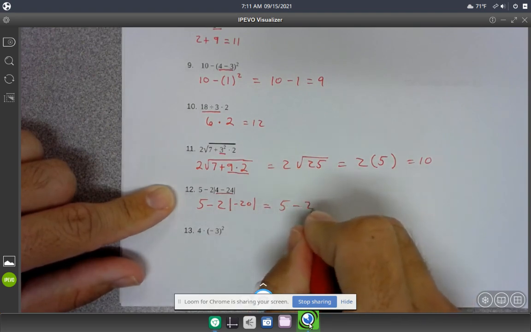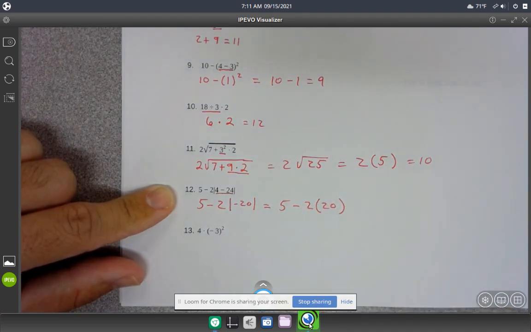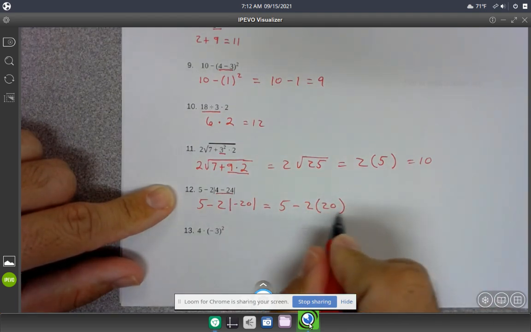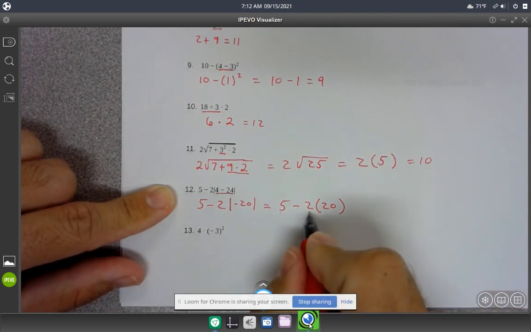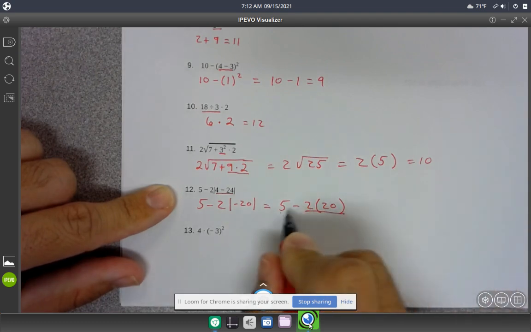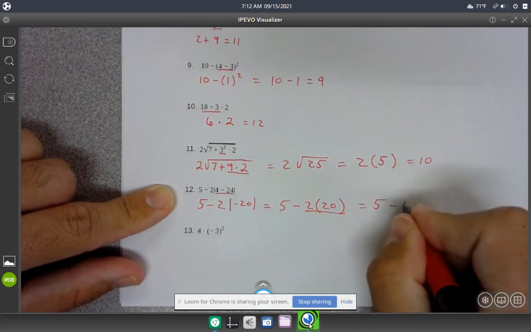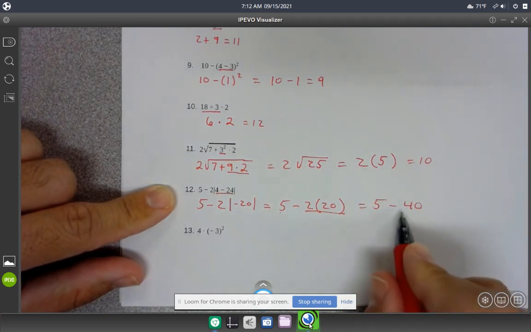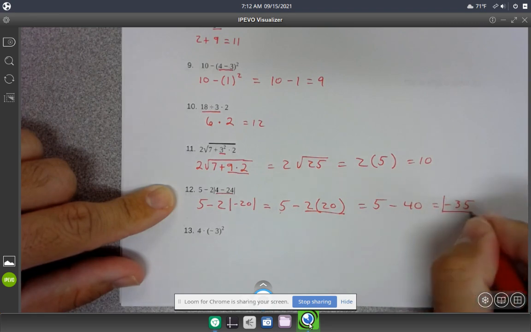So 5 minus 2, positive 20. And then we're going to do the multiplication before we do 5 minus. All right, so I never did 5 minus 2. Okay, I got to do this multiplication before I do this subtraction here. 2 times 20 is 40, and then 5 minus 40, it's negative 35.